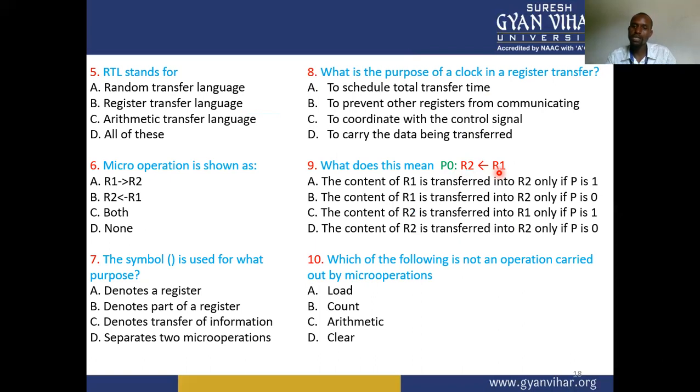So that means the contents of R1 can be transferred to R2 whenever P is 1. This means that the contents of R1 can only be transferred into R2 if P is 1.